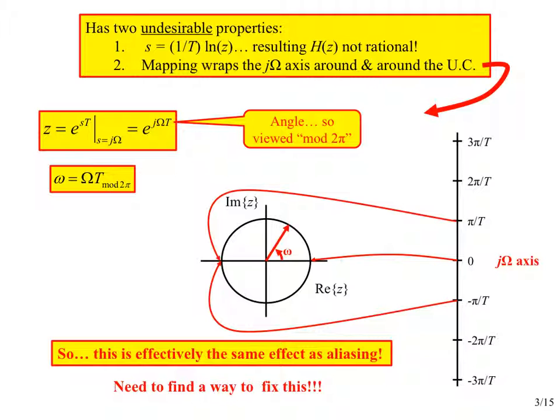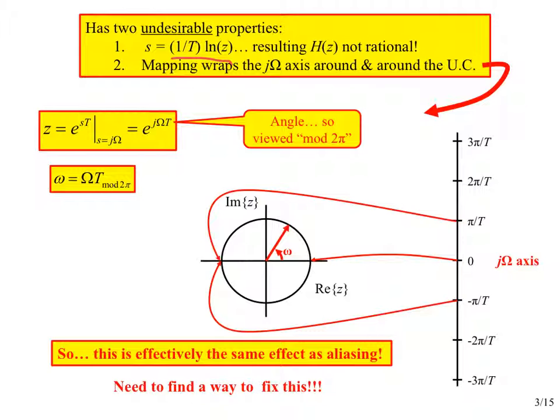Unfortunately, it has two undesirable properties. If we undo that e to the st to isolate s and write s in terms of z, we get s equals 1 over t times natural log of z. Now you have to extend the concept of natural log a little bit to allow complex numbers inside, and it is possible to do that with a little bit of fuss, but we're going to just wave our hands over that and say, whatever that thing ends up looking like, it's certainly not going to, plugged in for every s, give us a rational function of z.